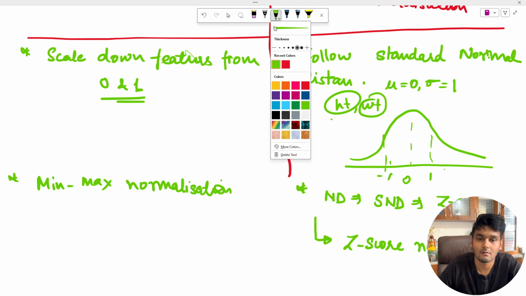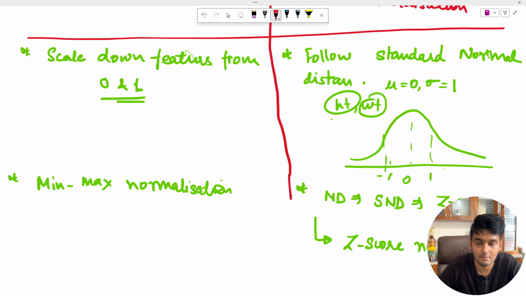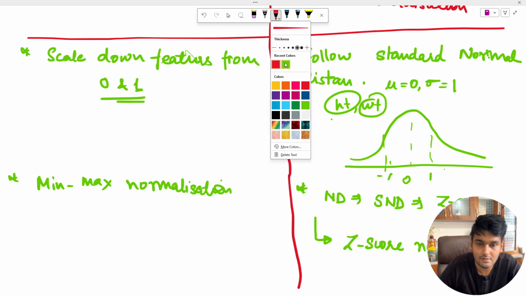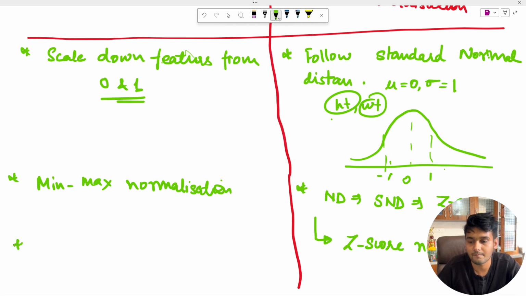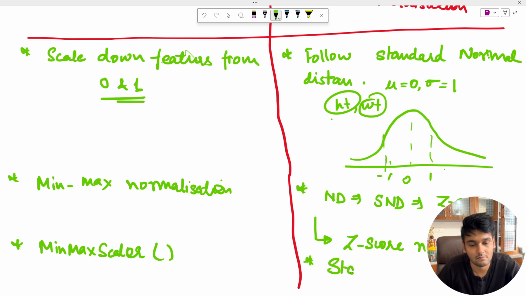Now let's look at the different libraries we use. For both of them we use the sklearn library, where we have MinMaxScaler for normalization. However, for standardization, we have StandardScaler.